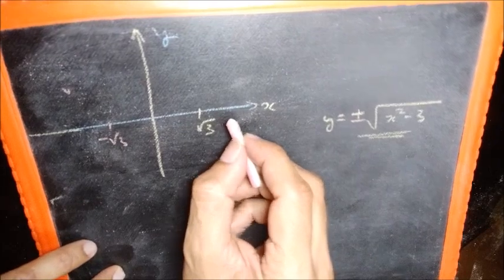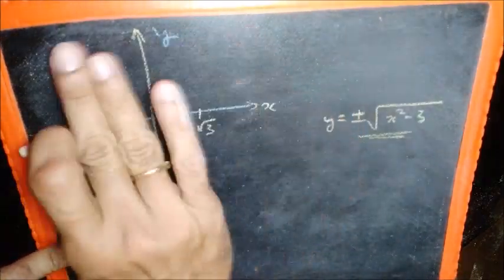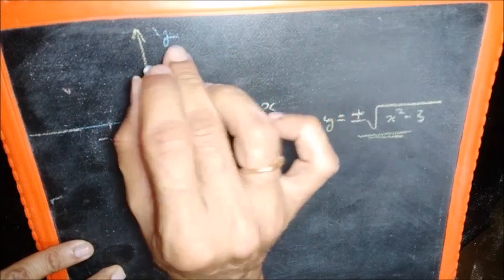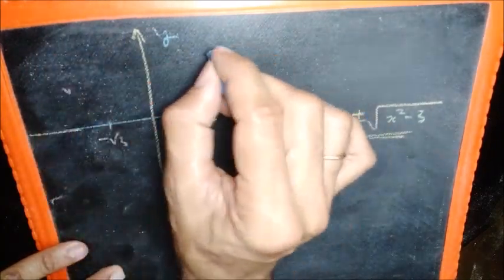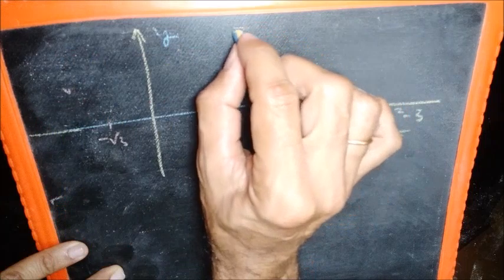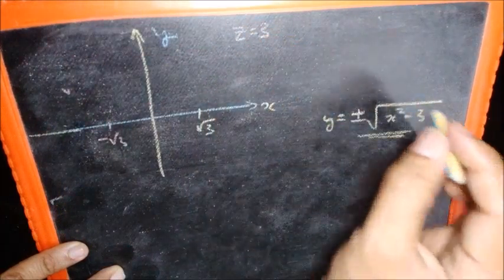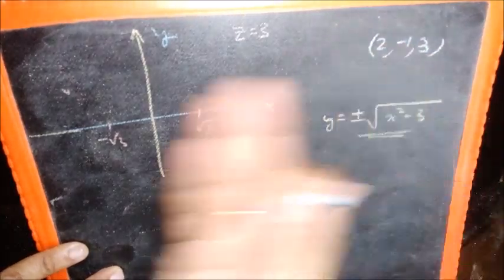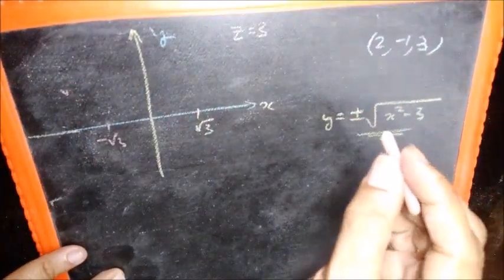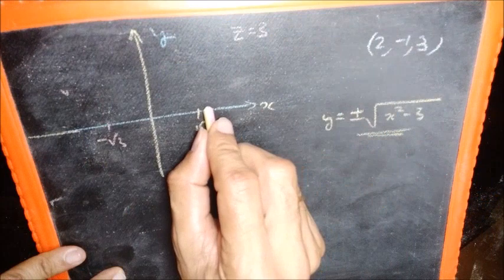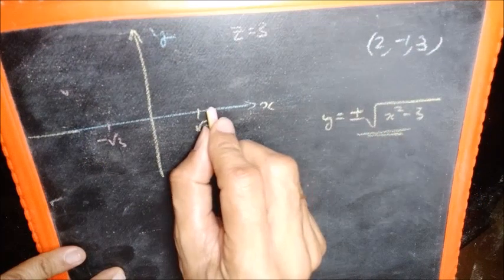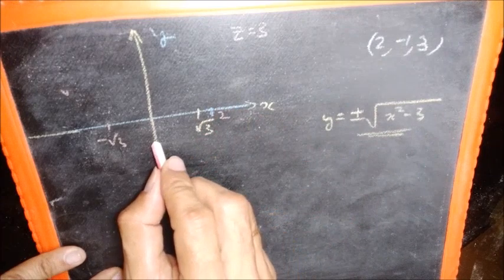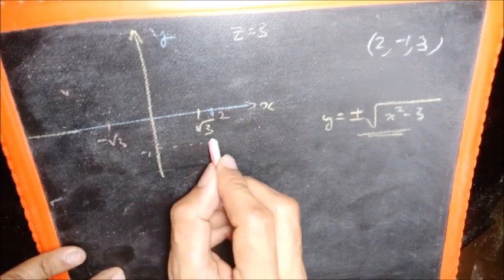So let us say that this is the surface where z is equal to 3. Remember, the point given is 2, minus 1, 3. So z is 3, and x is equal to 2 will be somewhere here, fairly close to root 3, and y is equal to minus 1 somewhere here. I am not drawing it to scale.